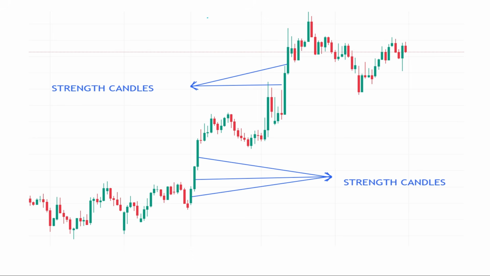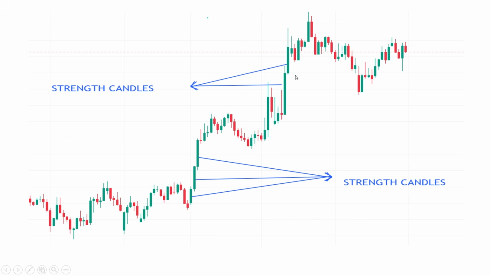It doesn't test, come back, test, show indecision. It moves strongly from that support. It gives a strength candle. As you can see in the example here, these three strength candles came after respecting this zone.